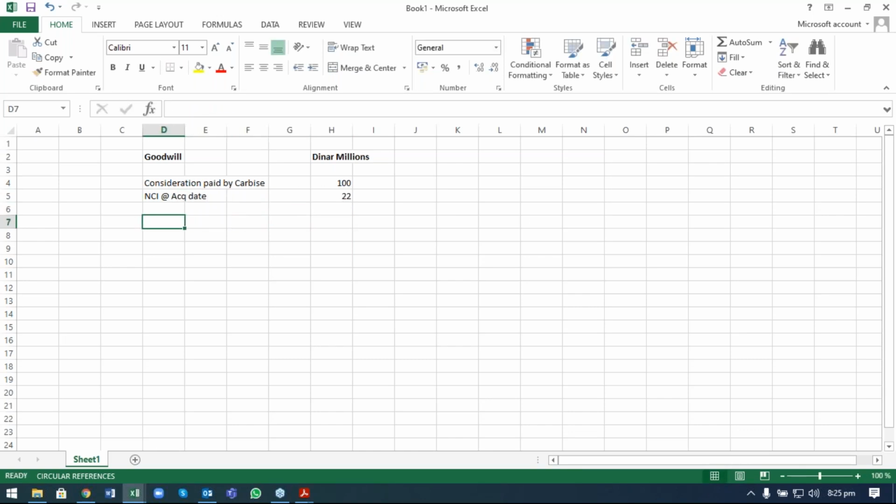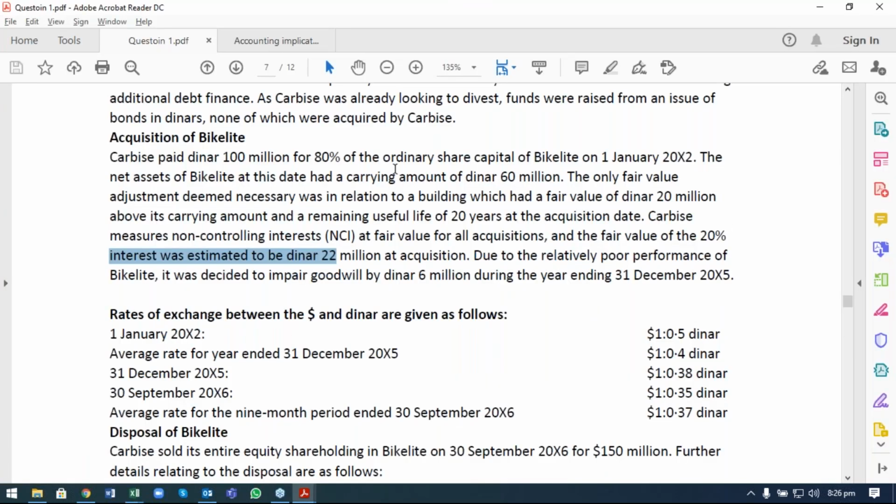So what was the total consideration for the whole subsidiary? Total consideration for the whole subsidiary equals this 122 million, right? Now you have to deduct the net assets of Bike-Lite at acquisition date. What is the net assets value? The net assets at acquisition date have a carrying value of 60 million.